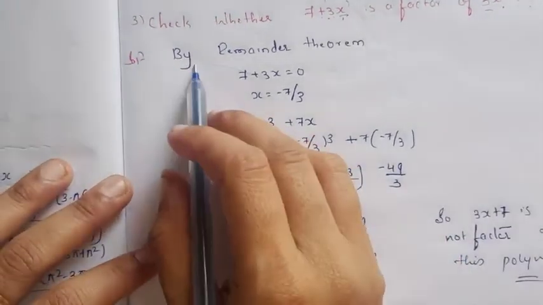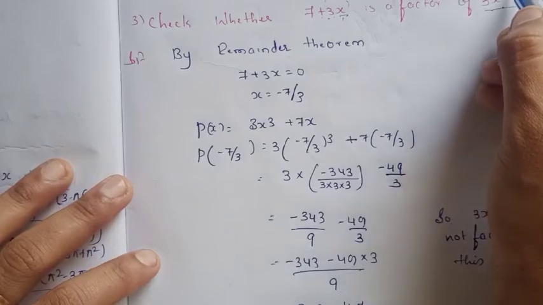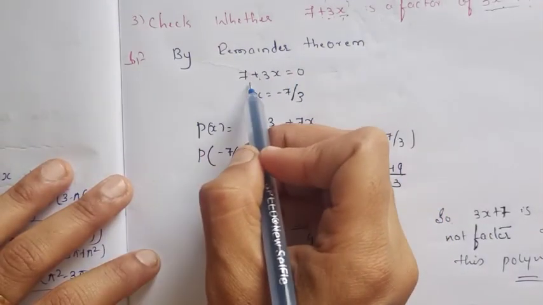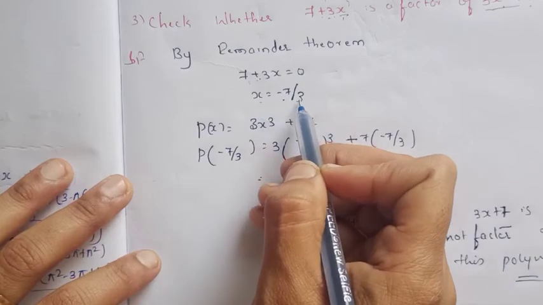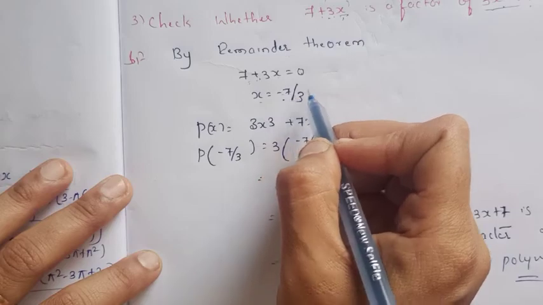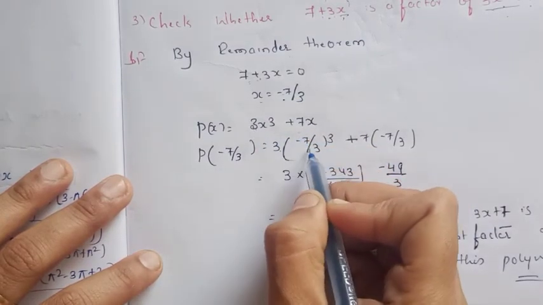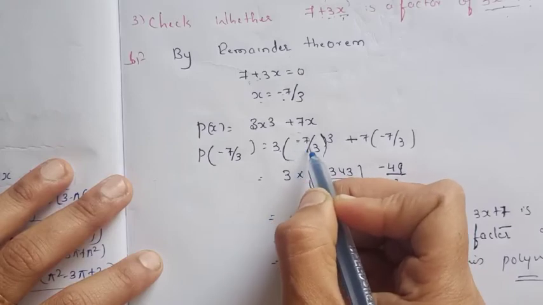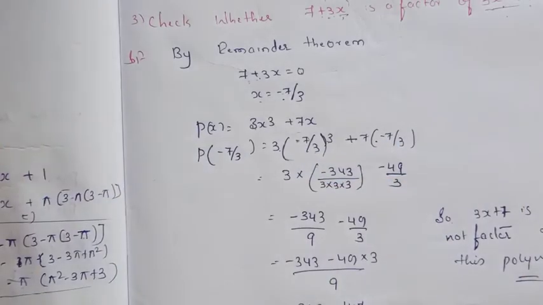So by using the remainder theorem, this is g of x and this is p of x. G of x means 7 plus 3x equal to 0, x equals minus 7 by 3. Substitute minus 7 by 3 in the p of x equation. We get 3 into minus 7 by 3 whole cube plus 7 into minus 7 by 3.